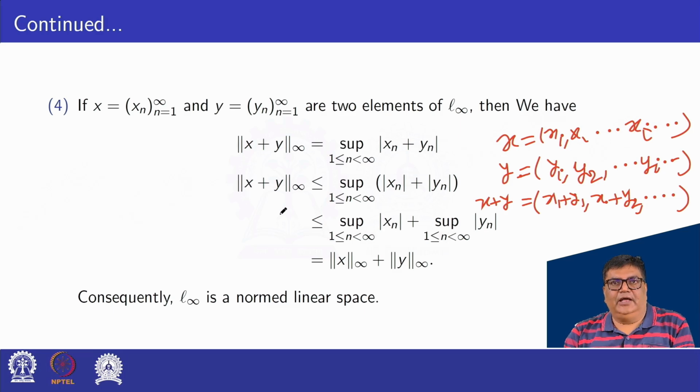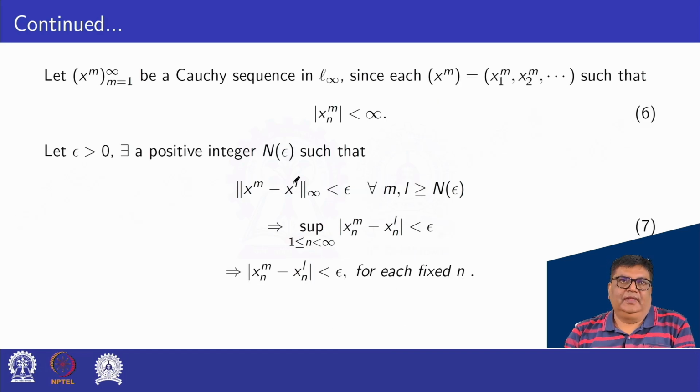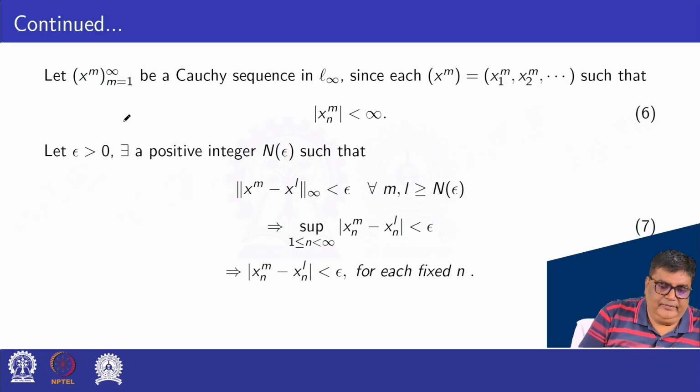That is, norm x plus y is less or equal to norm x plus norm y. This shows that L infinity is a normed linear space because all conditions of a normed linear space are satisfied. Completeness of L infinity.